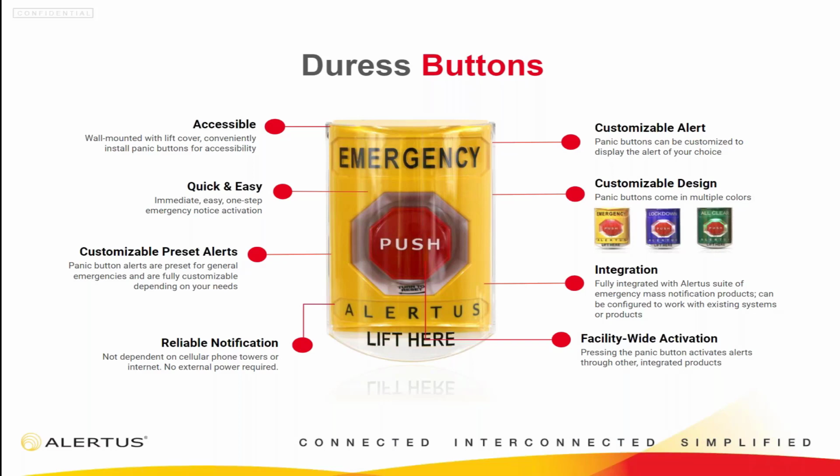We can tie preset messages to these duress buttons so that if it is a chemical spill, if it is a large vehicle crash within that immediate vicinity, or whether it is a lockdown scenario, these duress buttons have the appropriate text and preset message assigned to them so that through the push of that individual button, they can be confident to know that within seconds, the appropriate message has been distributed.